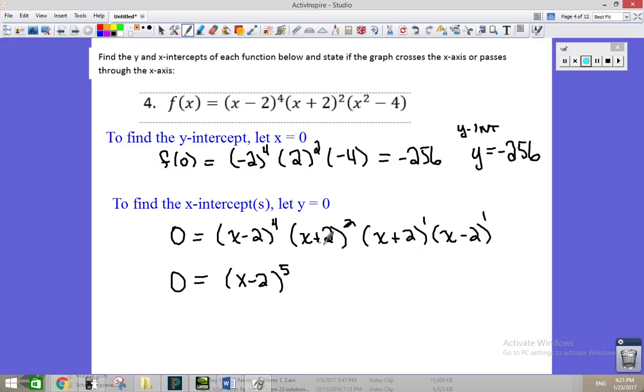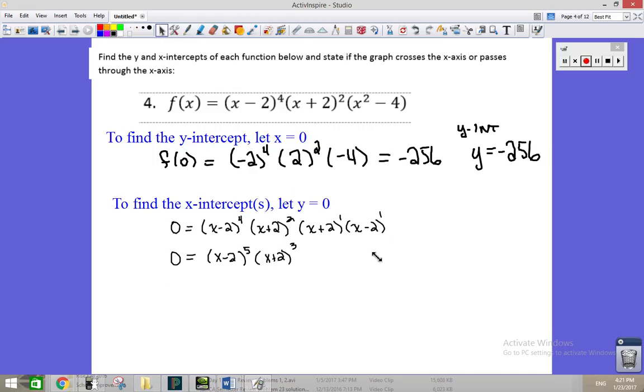So we have 5 factors of this x minus 2. And we've got x plus 2, 2 factors here, plus another 1 factor there, for a total of 3 factors for x plus 2. So that's important that we get that right, exponents there, because that's the multiplicity, and that's going to affect our answers in this table. So my first column in this table, I'm just calling it a column of zeros, which is also the x-intercepts of the graph.